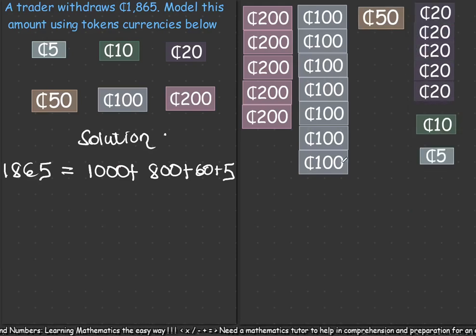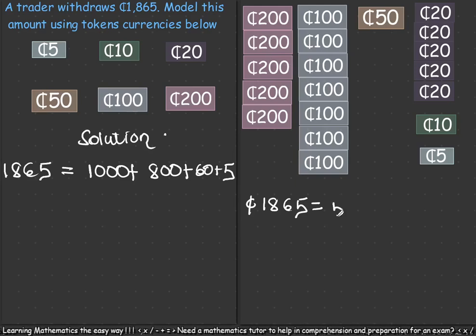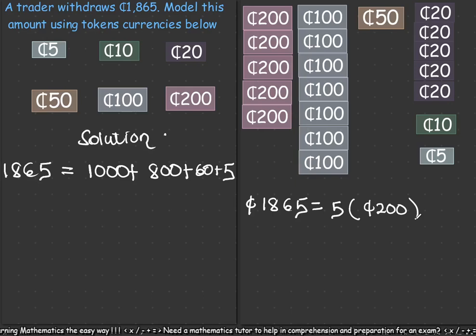Now, you can stop here and then write and say that it simply means that a huge sum of money, which was 1,865, you see, how did we model it? We had 1, 2, 3, 4, 5. So we had 5 of the 200 cedis, plus how many of the 100s? 1, 2, 3, 4, 5, 6, 7.